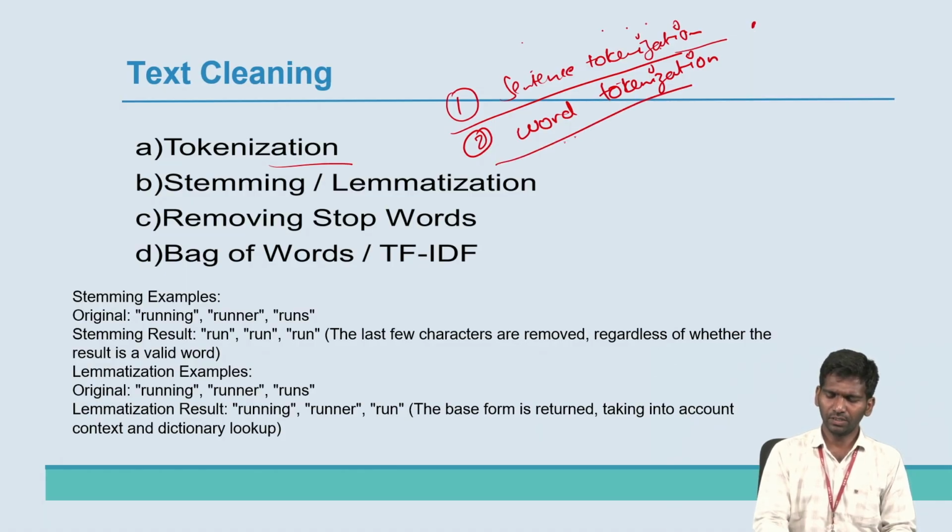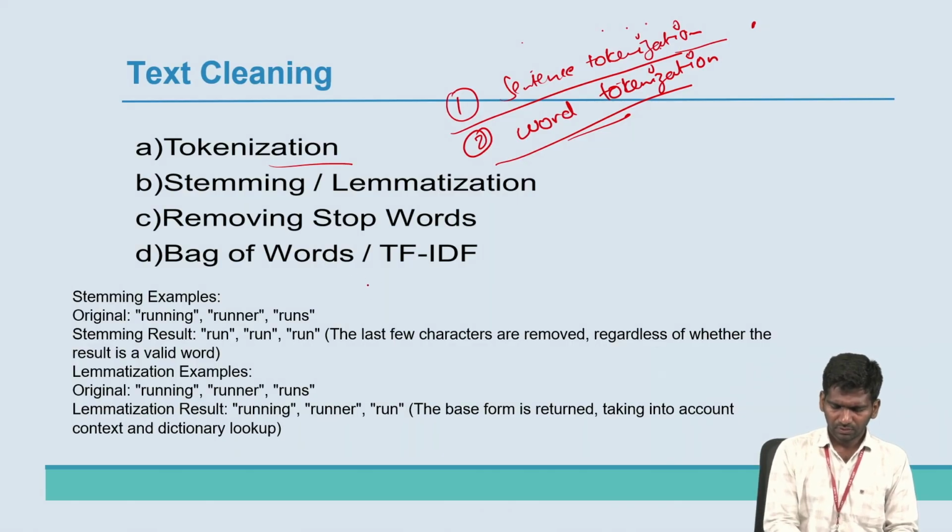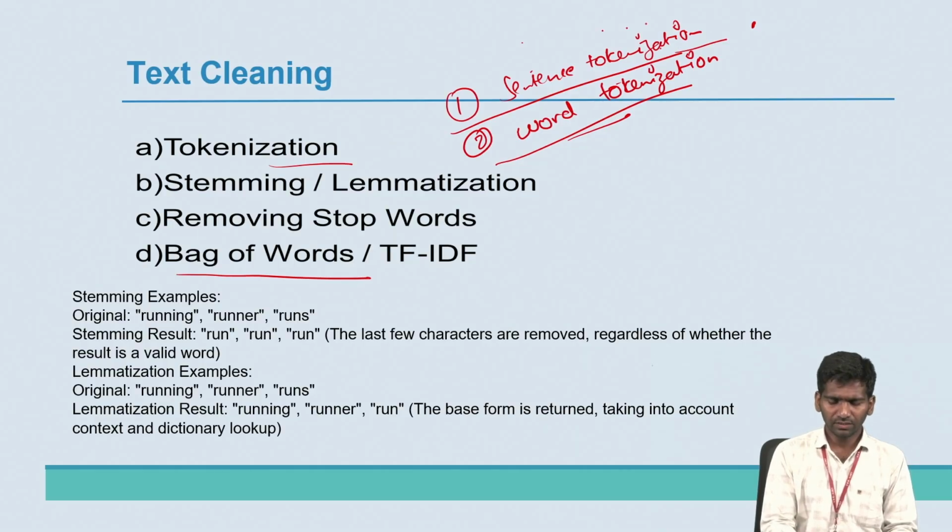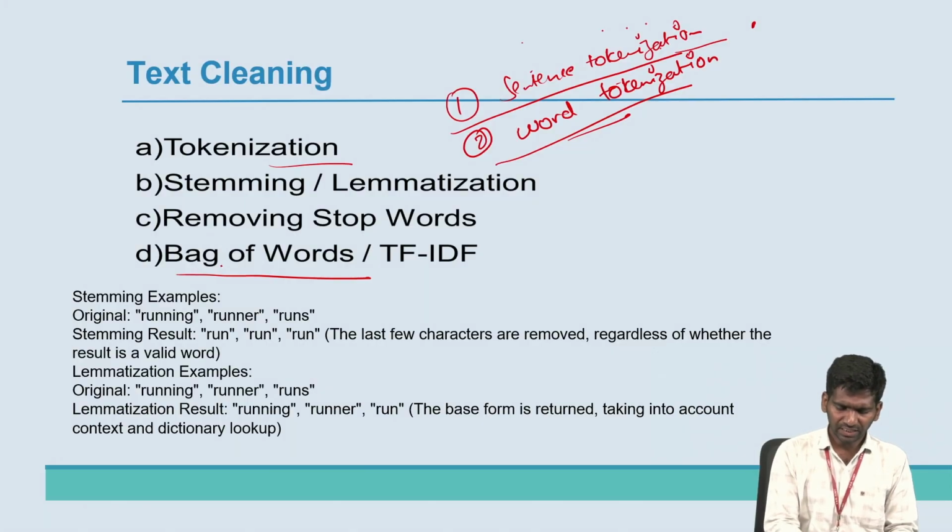Then next, words. How can the system understand whether it is a word? We can understand, but how do we make the system understand? Consider this text. How many words are in there? Three words, right? I am telling it is a word because there is a gap.